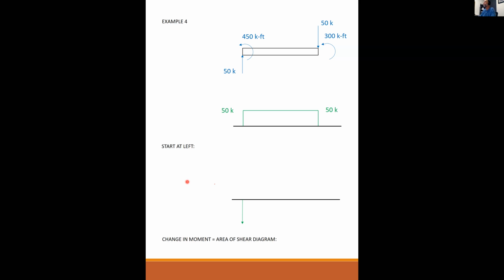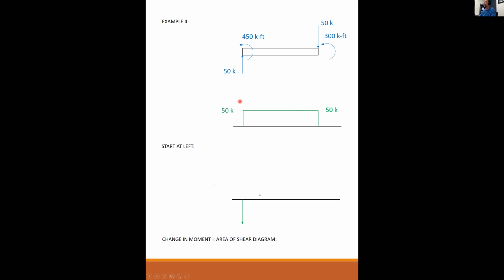Here's how you know if you did it right or not. The shear, we all agree, and there's very little controversy, is positive through the whole span. The reaction was up, so the shear is up. The shear is positive the whole time.